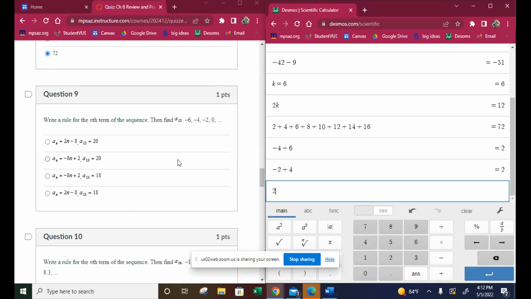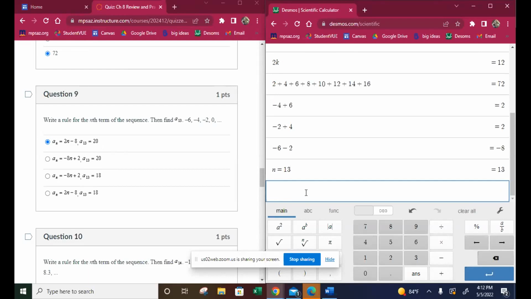Yeah. So then what I would do is type in the formulas 2n minus 8 and see which one gives me the 13th term. Like 2 times 13 minus 8. Like let n equal 13. Go ahead and type n equals 13.